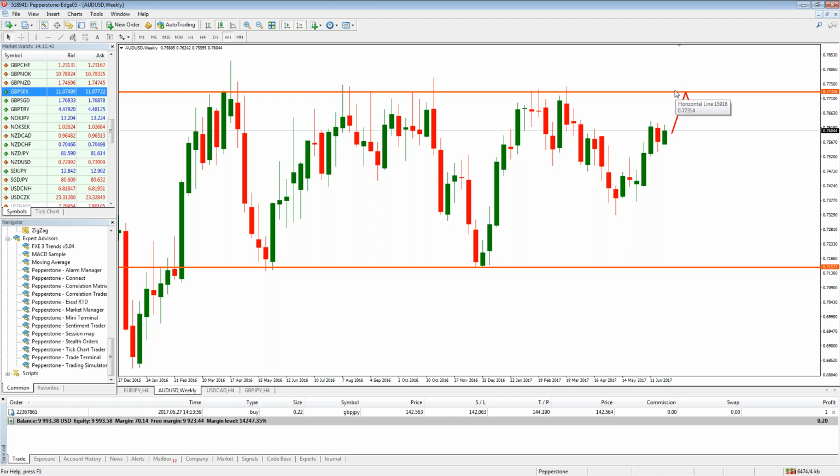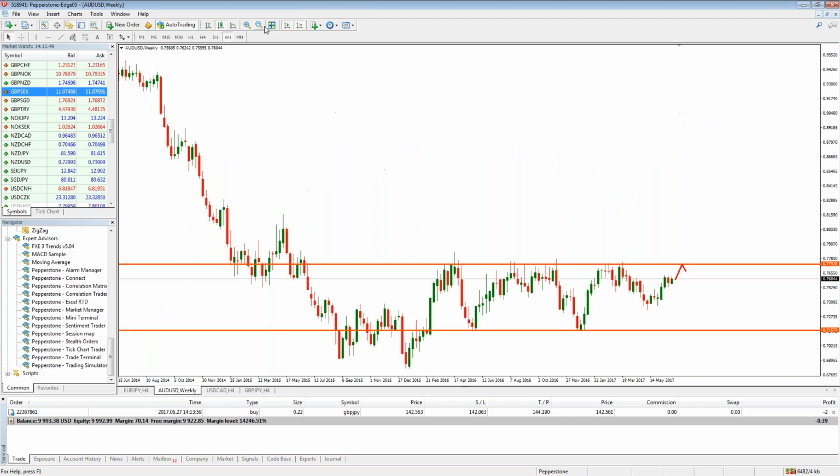We'd sell this side, and if it broke through, as per last week's channel trading techniques, we'd be looking for this kind of movement to the upside, so the break side. And this will happen on any time frame. It doesn't have to just be weekly, but we do notice that this Australian channel is still in play currently.